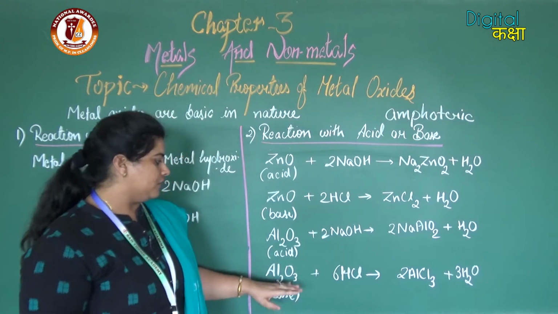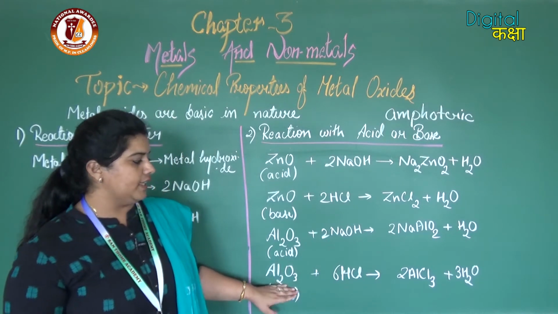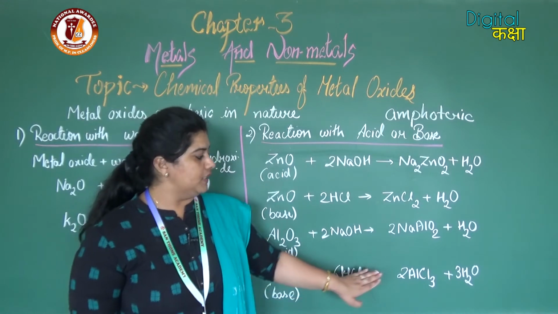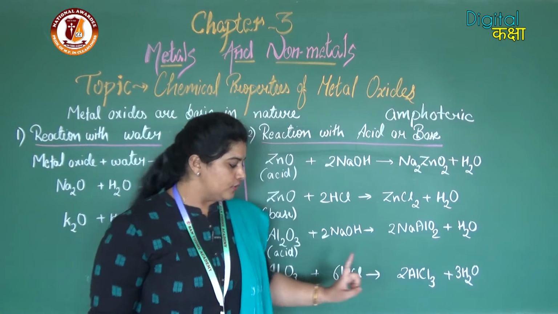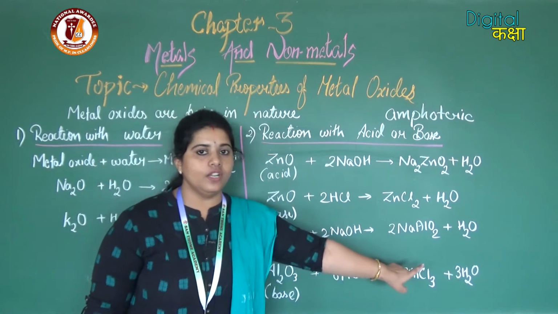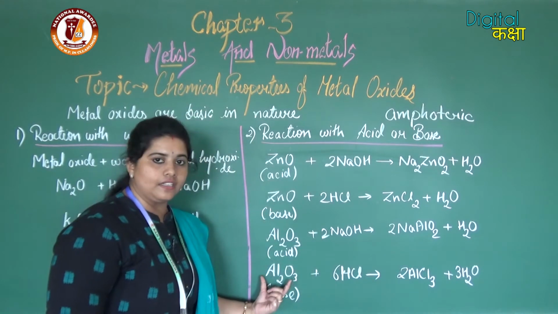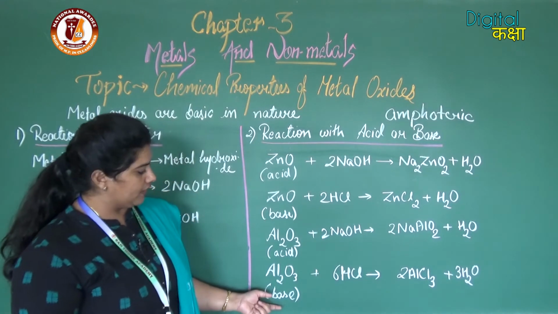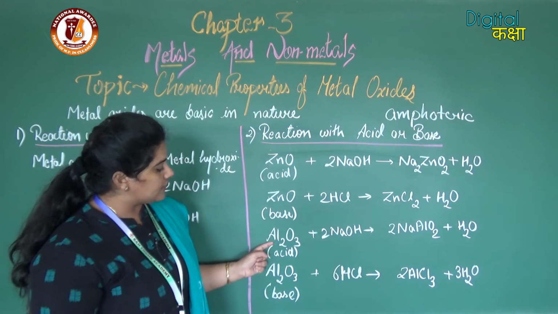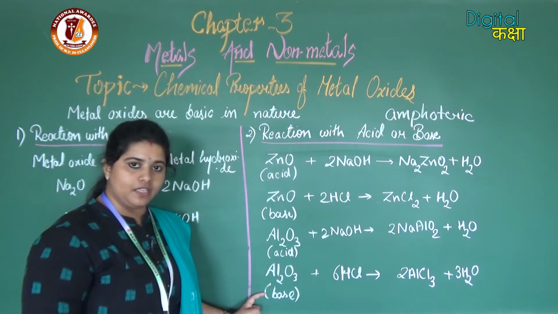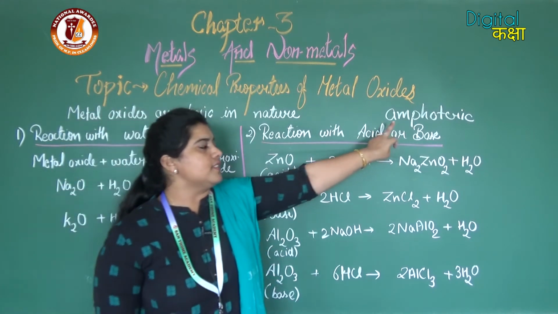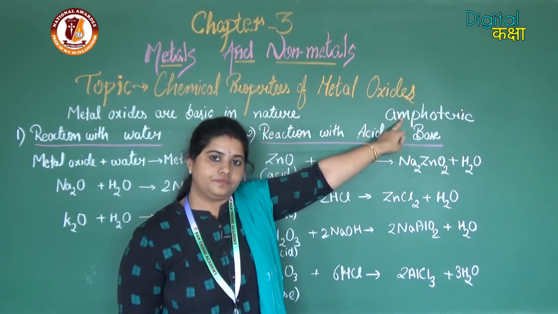In the next reaction, I am reacting aluminium oxide with acid. It forms aluminium chloride and water, salt and water. So here with acid it forms salt and water. That means it is acting as a base. So again we can say that aluminium oxide, since it shows both behaviors, acid as well as base, is also called an amphoteric oxide.